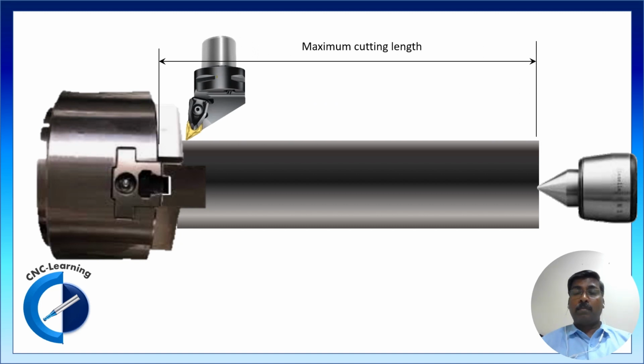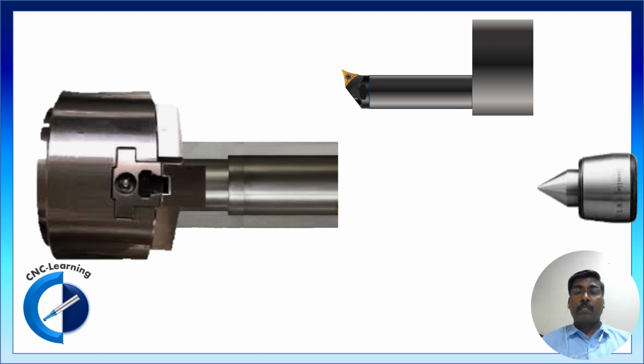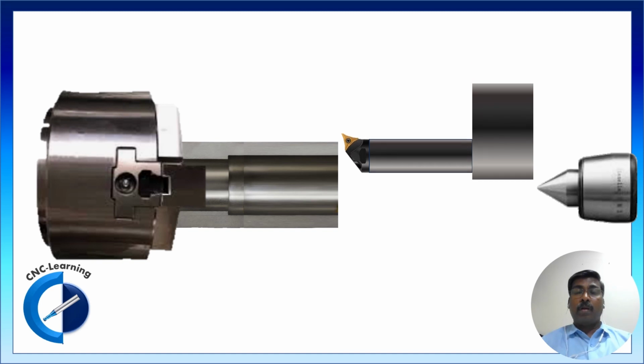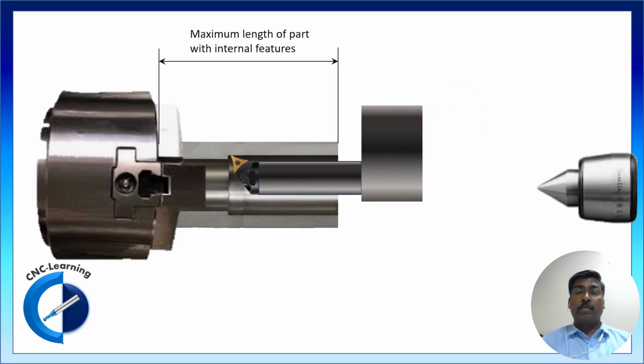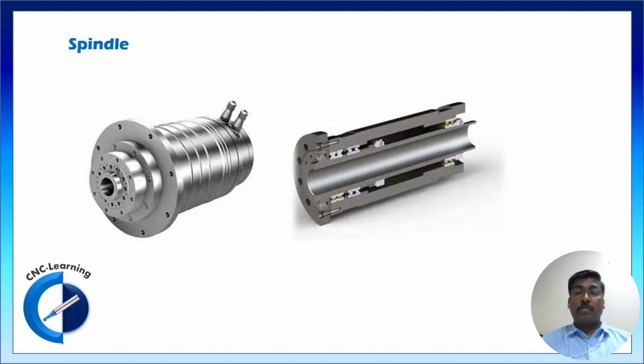So this is the maximum cutting length. Now when you are doing an ID operation, whatever is the length of the bore, that much plus some extra length will be there in the boring tool. So that clearance we must consider.